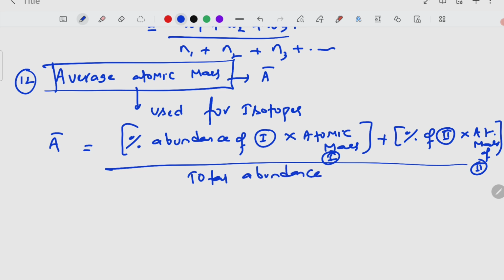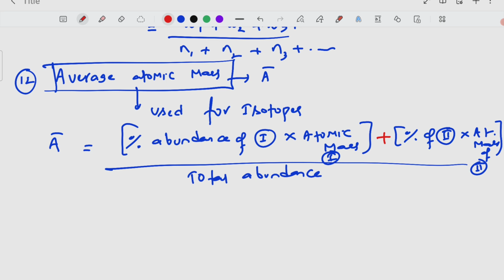So keep in mind, average atomic mass is mainly used for isotopes, represented by A bar. If percentage abundance is given in percentage, then total abundance is automatically equal to 100 in every case.